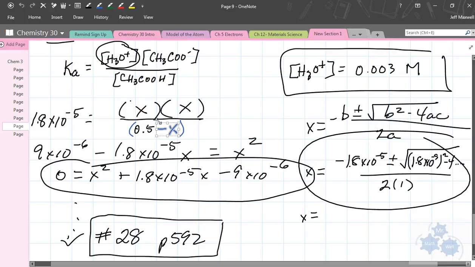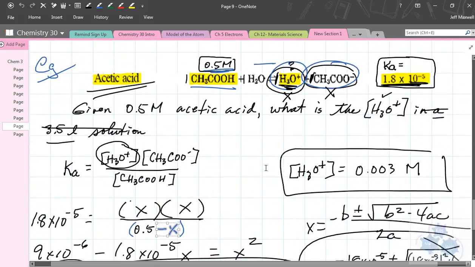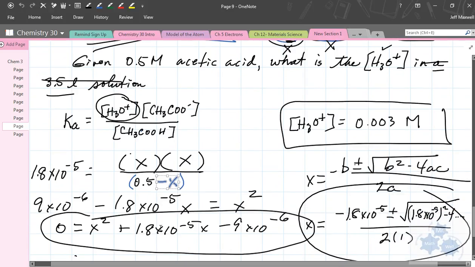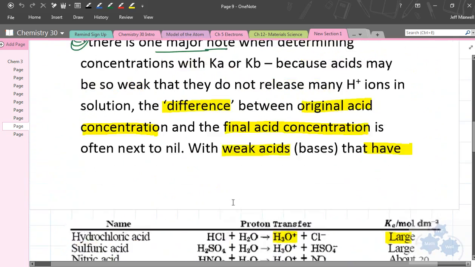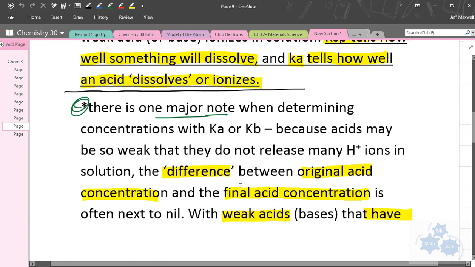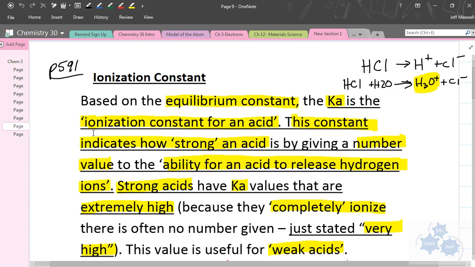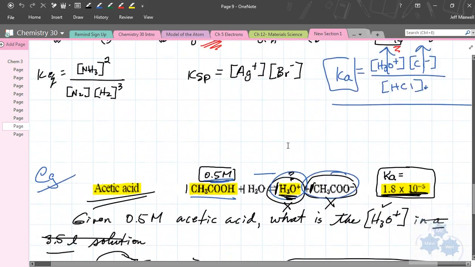So that's just to complete that. But if you have Ka values that are 10 to the negative 3 and greater, then you do have to use the quadratic formula. So that's just that special note that I wanted to make there. When the Ka values are 10 to the negative 4 or less, you do not have to use the minus x in the denominator like we just did in this last example.